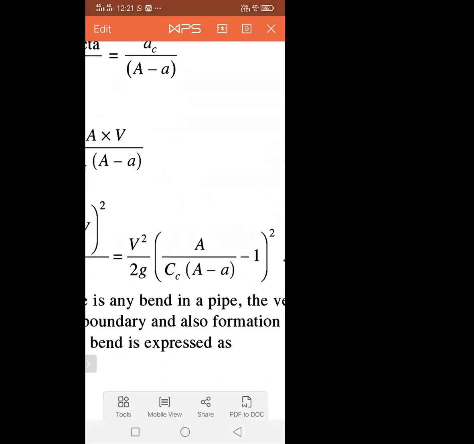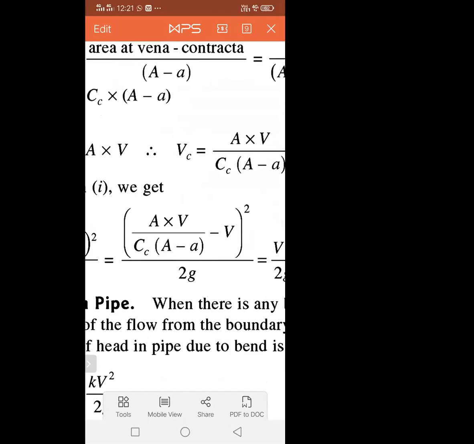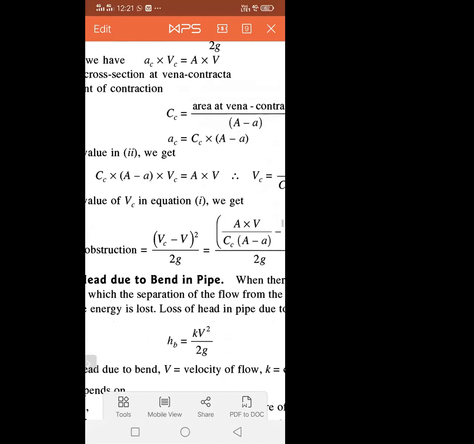Loss of head due to obstruction is V square upon 2G in bracket capital A upon CC into bracket capital A minus small a, minus 1 whole bracket square. Okay, where CC, again CC is coefficient of contraction.